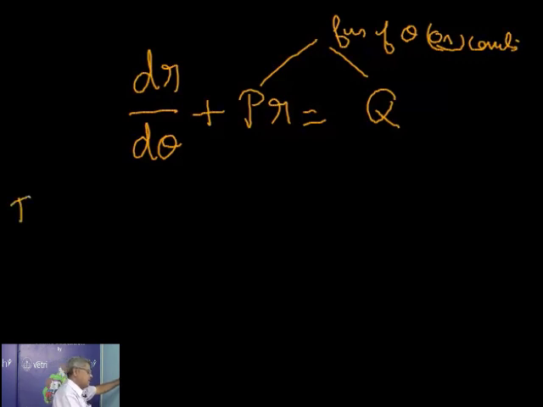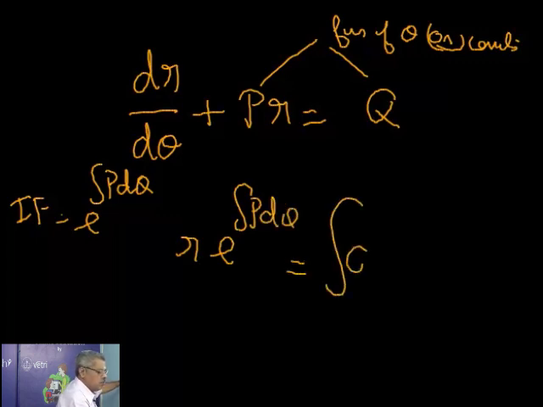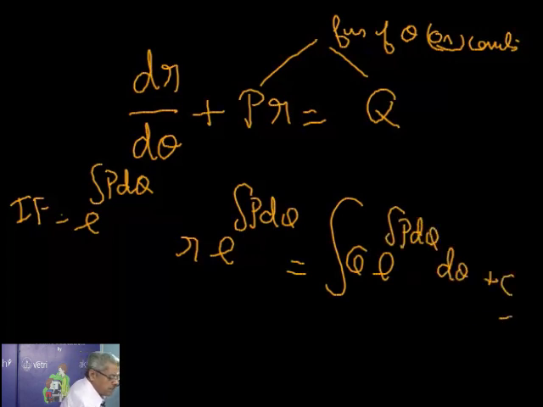Sometimes they may ask only the integrating factor, e power integral p d theta. The solution will be r e power integral p d theta is equal to integral q times e power integral p d theta, integrated with respect to theta, plus a constant.